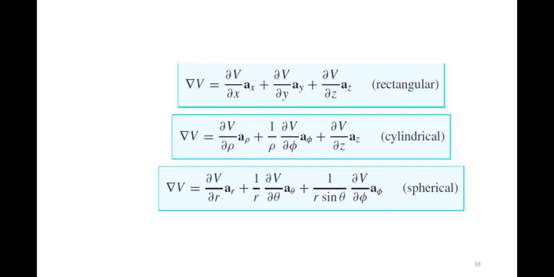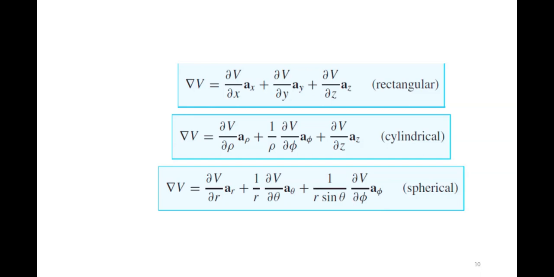So in order to convert the integral form of potential relation in terms of electric field to differential form, we use the concept of the gradient of scalar potential V. So gradient basically represents the maximum variation of potential in any specific direction.